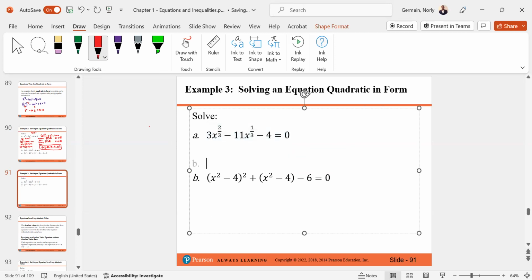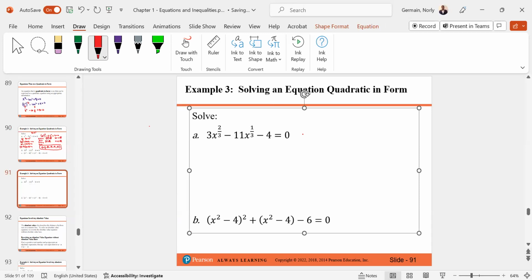Let's do the second one: solving an equation quadratic in form. First of all, notice that the equation contains an expression to the power 1/3, and the same expression to that power squared.